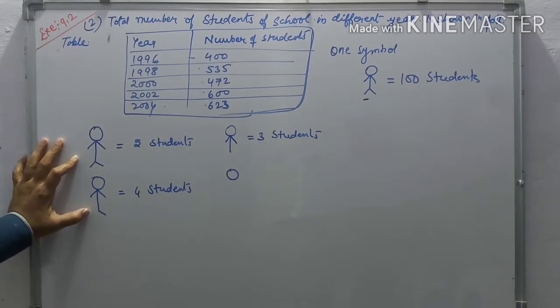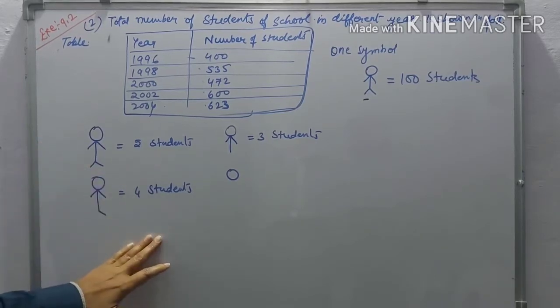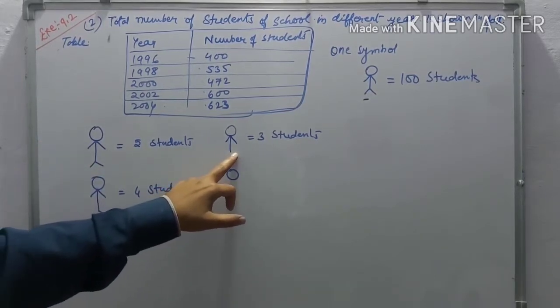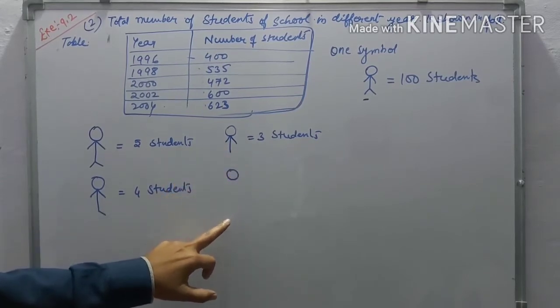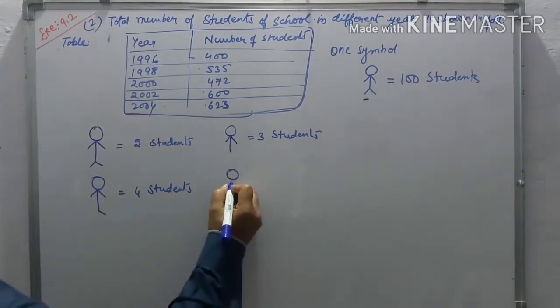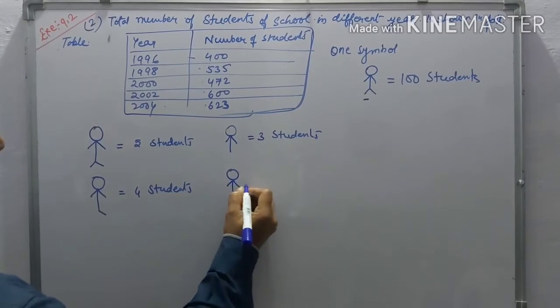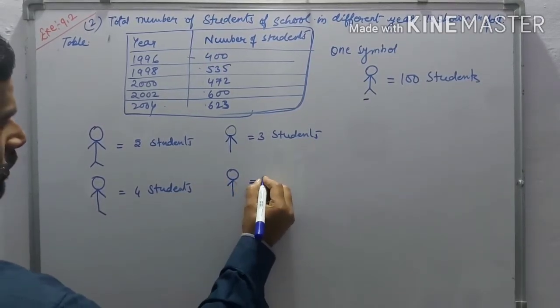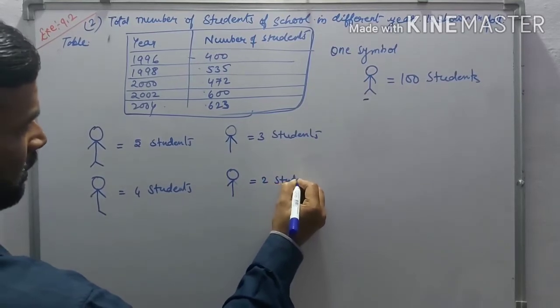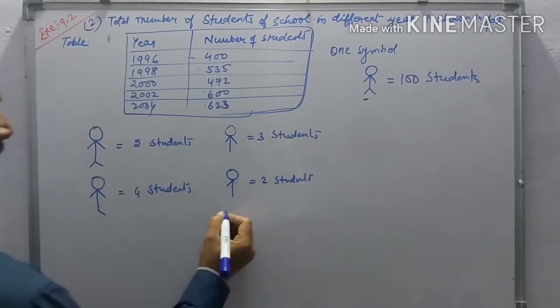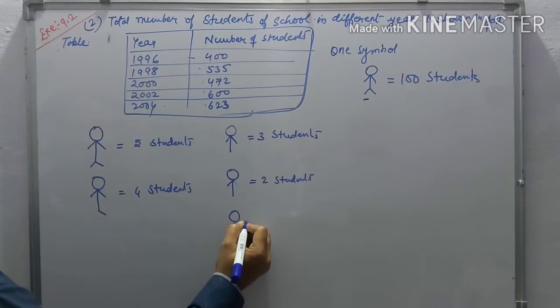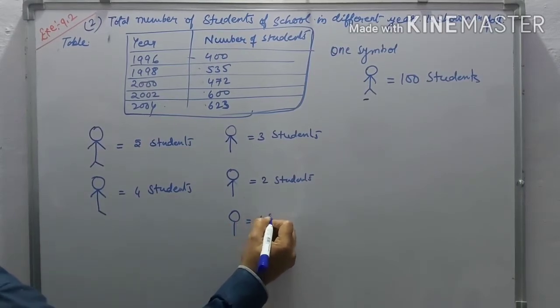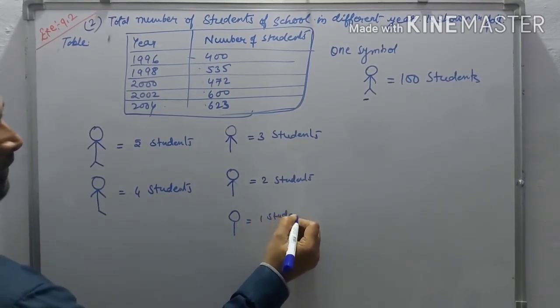Both one leg is disturbed to 4 students, and 3 is both legs disturbed, and 2 is a 1 will be cancelled, is 2 students, and only the head is left, this is the 1 student.